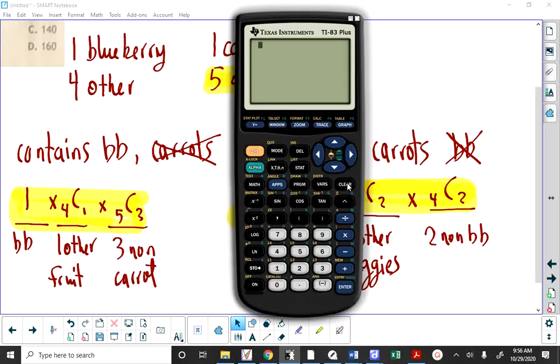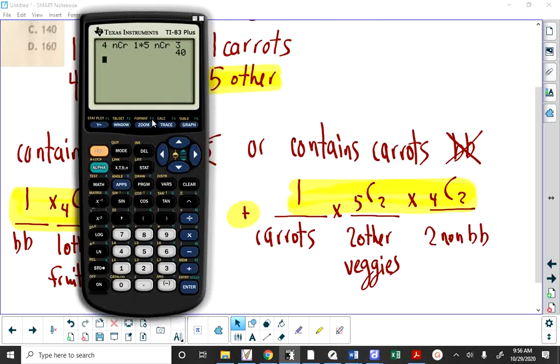I don't need to write 1. I'm just going to go 4 choose 1. Well, that's 4, but I'll actually enter it 4 choose 1. Then I'm going to multiply by 5 choose 3. So the number of trays that contain blueberries but not carrots is 40. Let's take a look now at the number of trays that contain carrots but not blueberries.